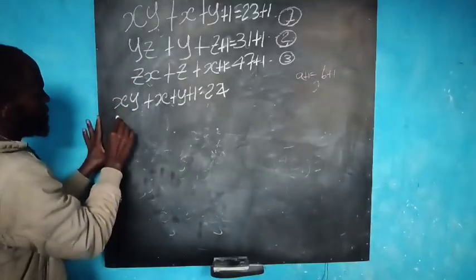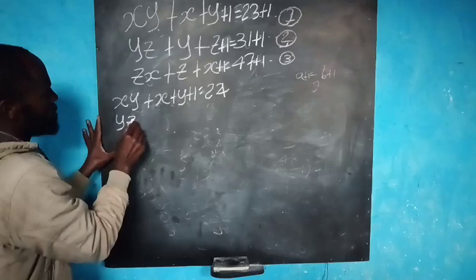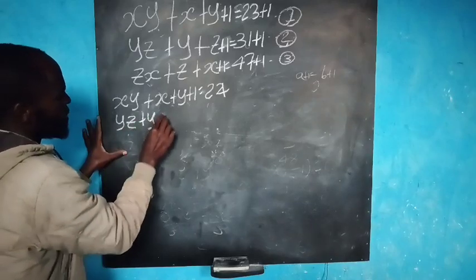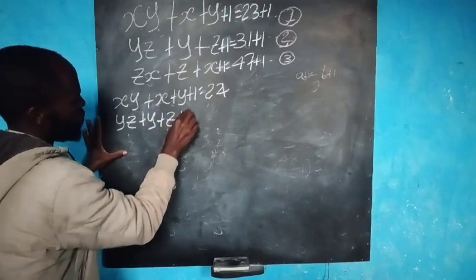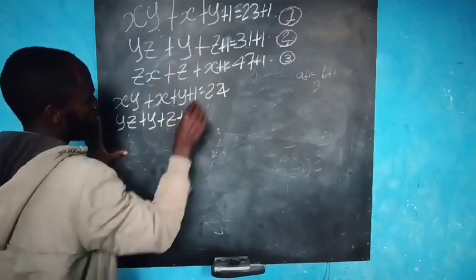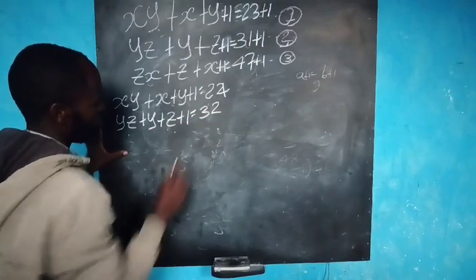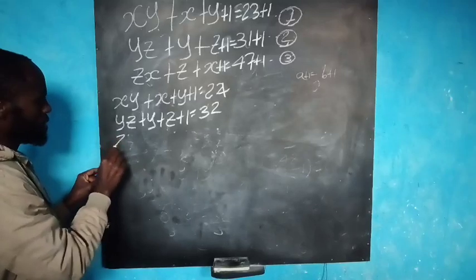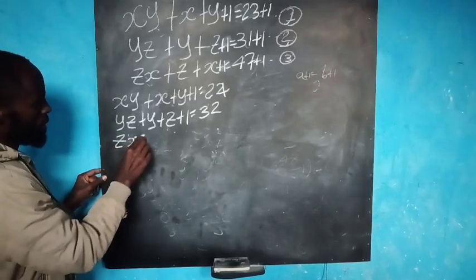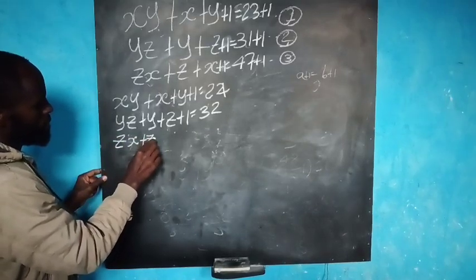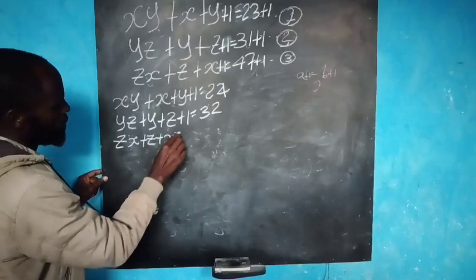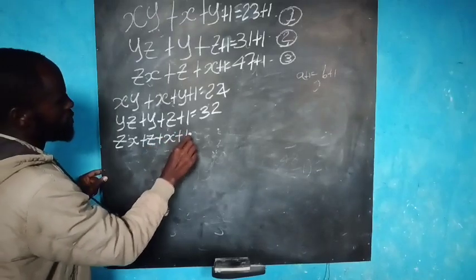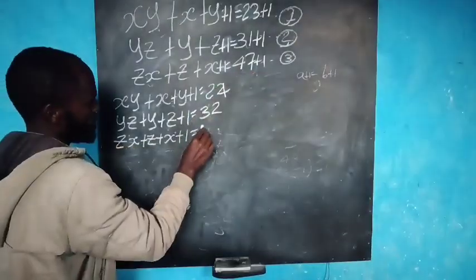Also yz plus y plus z plus 1 equals 32. And zx plus z plus x plus 1 equals 48.